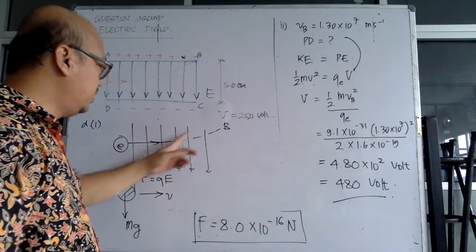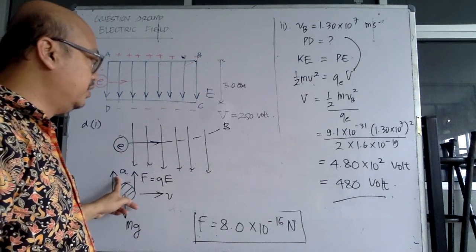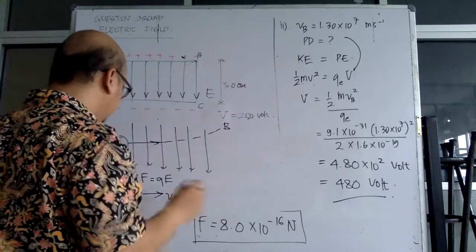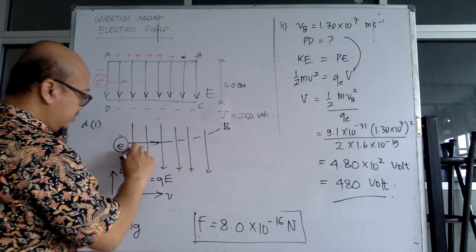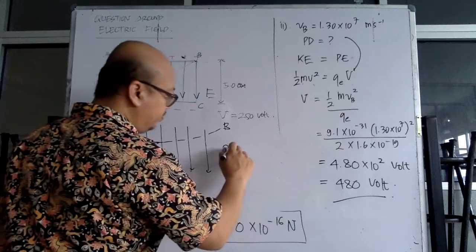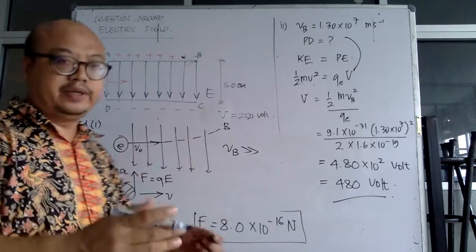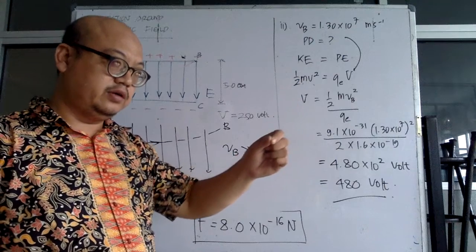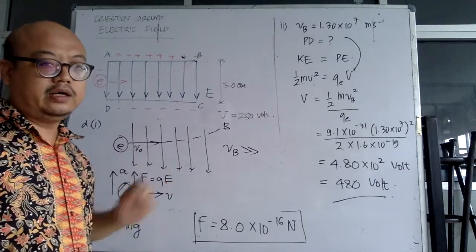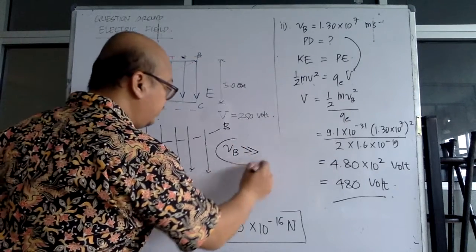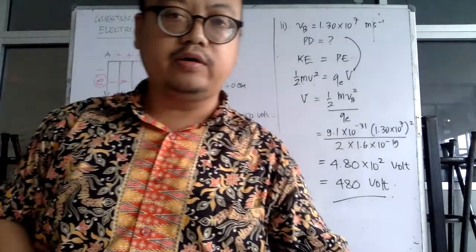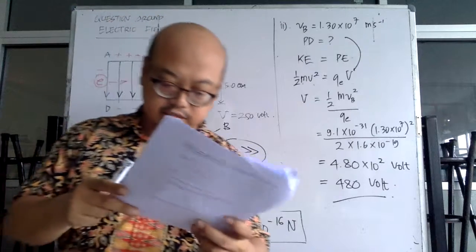Because it has acceleration, and let's say this is B0, and then the speed will get bigger until B. So VB is bigger than everything on the line before it comes into the electric field, and VB is the highest velocity.